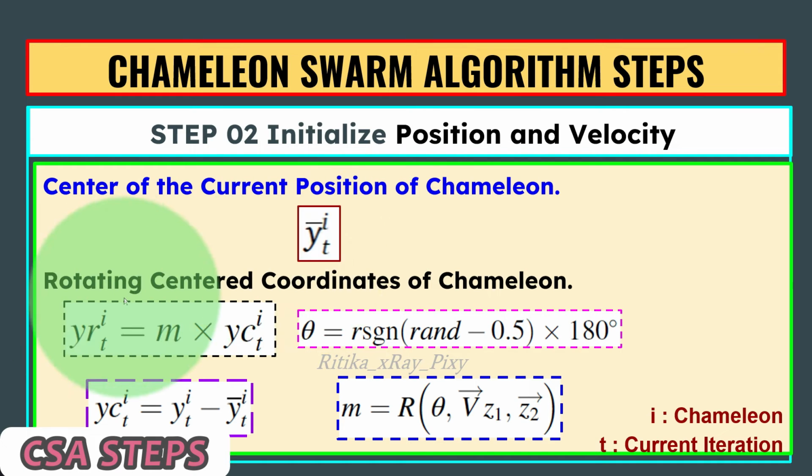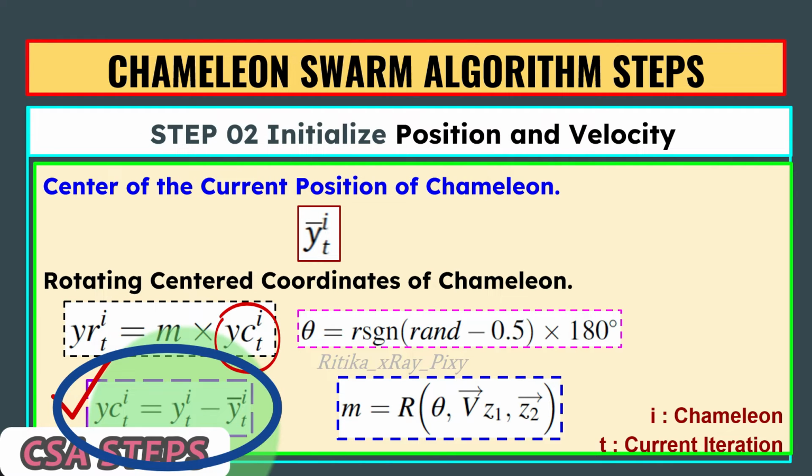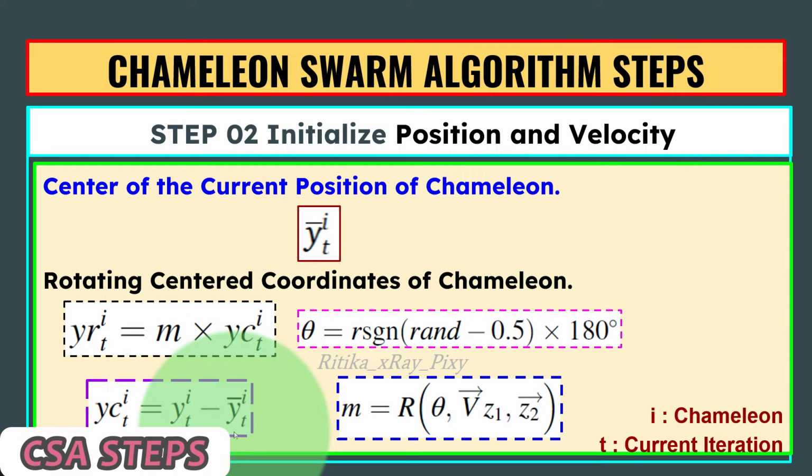After that, we will rotate the centered coordinates of the chameleon. The small m is the rotation matrix that is used to represent the chameleon rotation, that is the centering coordinate at any iteration t, and the value for the center coordinate is calculated by using this, that is the current position of the chameleon minus its previous position.